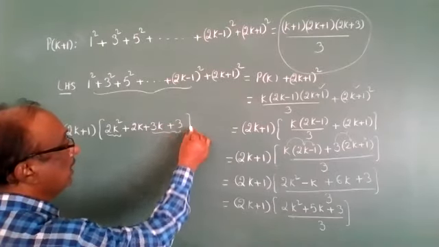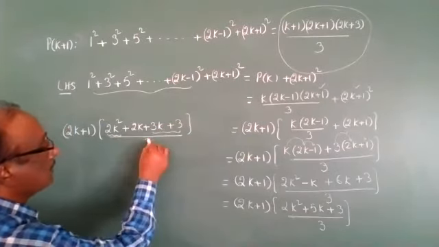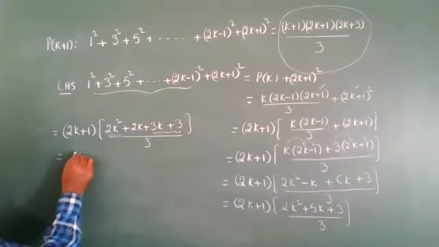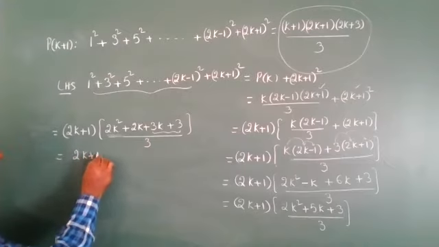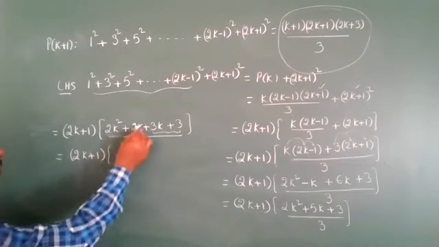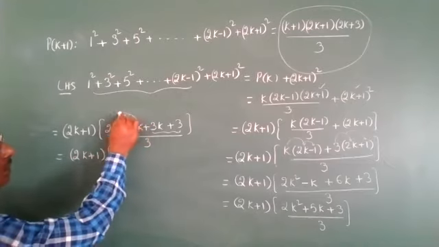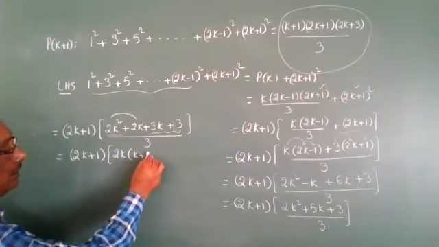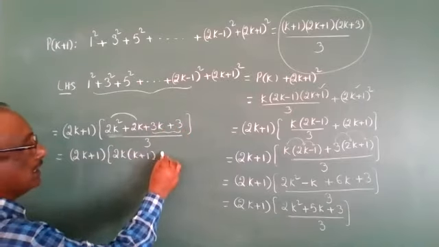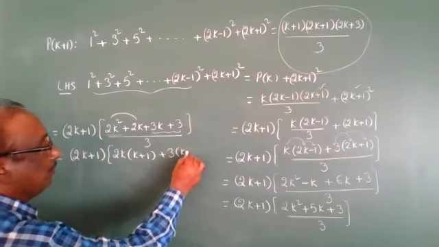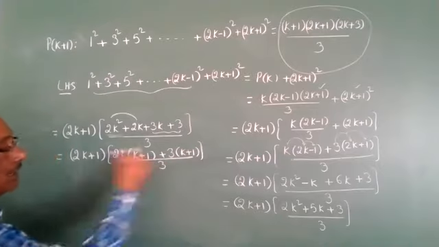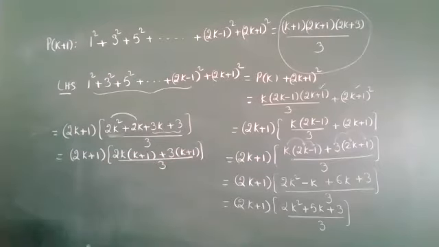In these two take common upon 3. In these two take common: 2k is common, here is k plus 1. In these two, 3 is common, here is k plus 1. Upon 3, take k plus 1 outside.